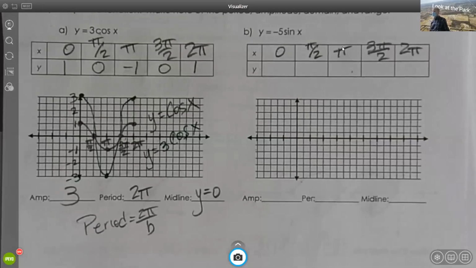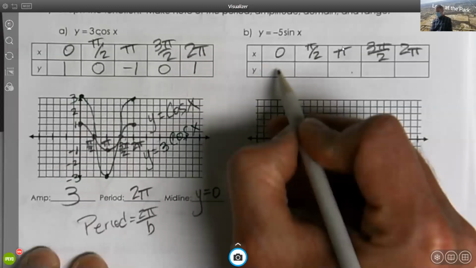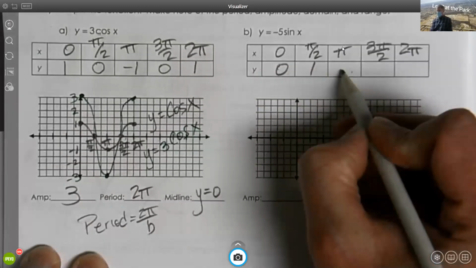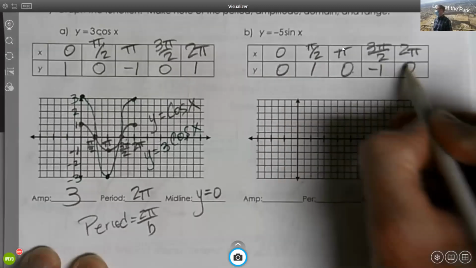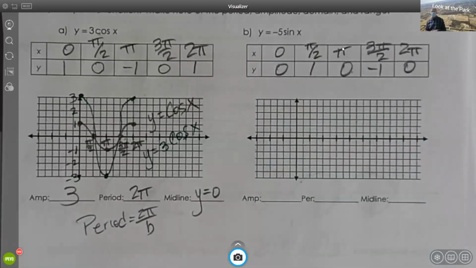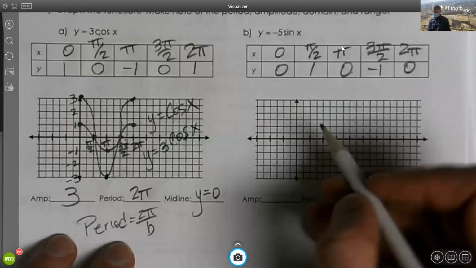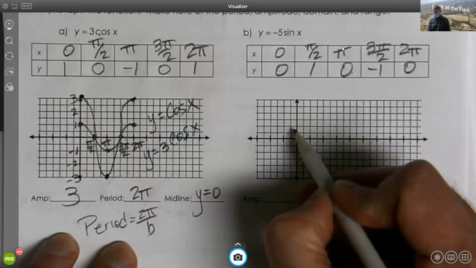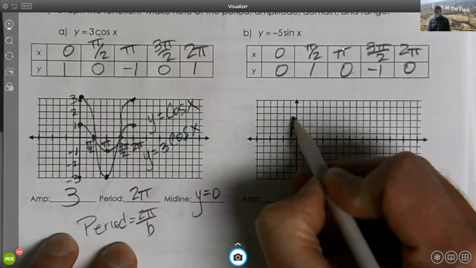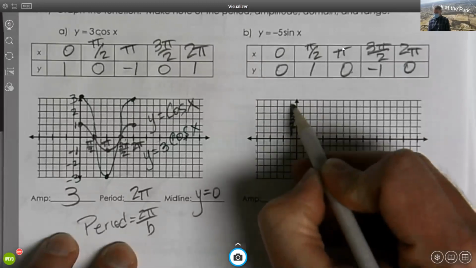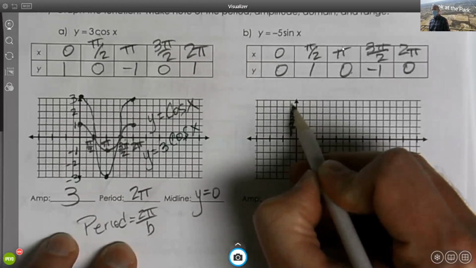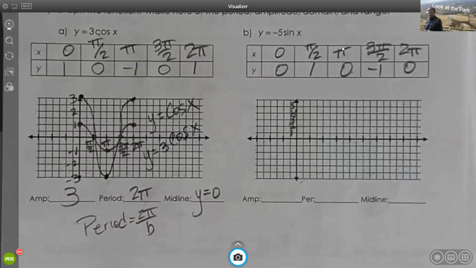For sine, those are the y values. The sine goes 0, 1, 0, -1, 0. Every sine graph, the parent function starts out just like that. So we're going to start out. I'm going to need to go by ones in this case because we're going to stretch this to 5.